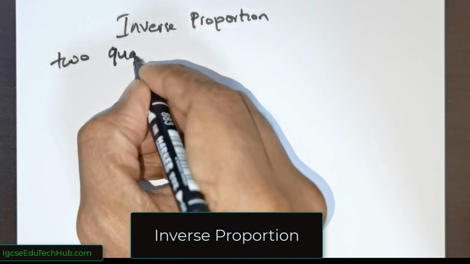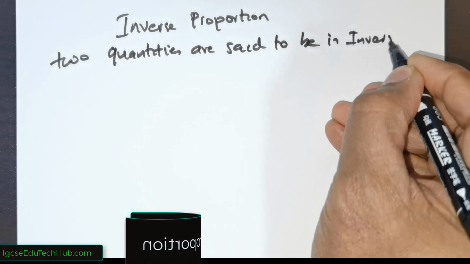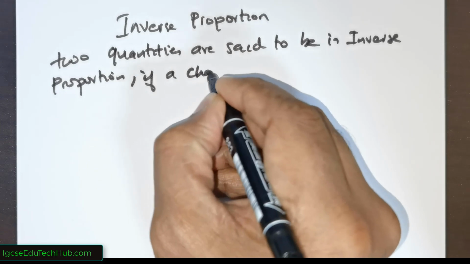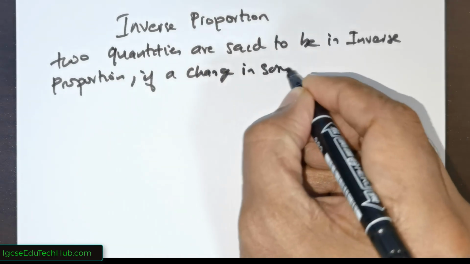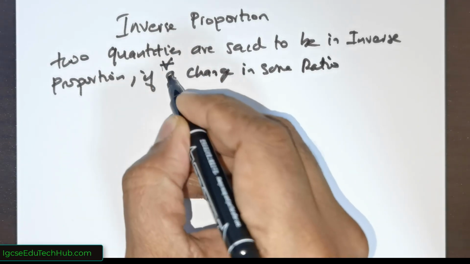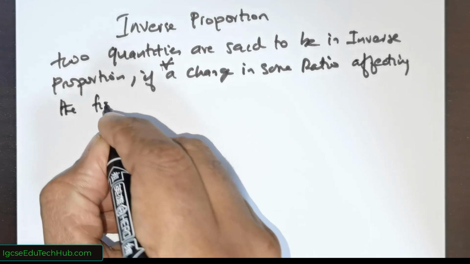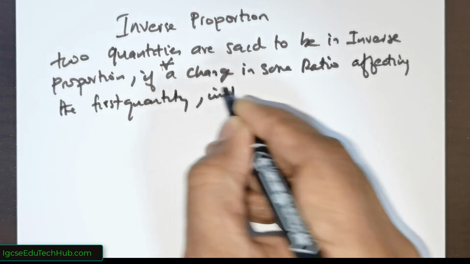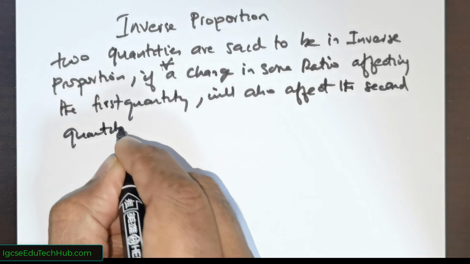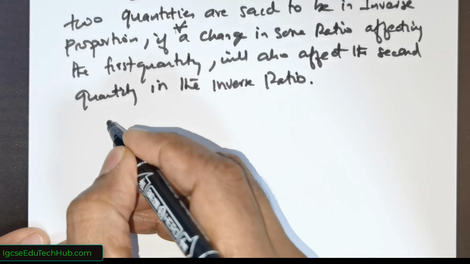Two quantities are said to be in inverse proportion if a change in some ratio, for every change in some ratio affecting the first quantity will also affect the second quantity in the inverse ratio. For example, this is the best example.